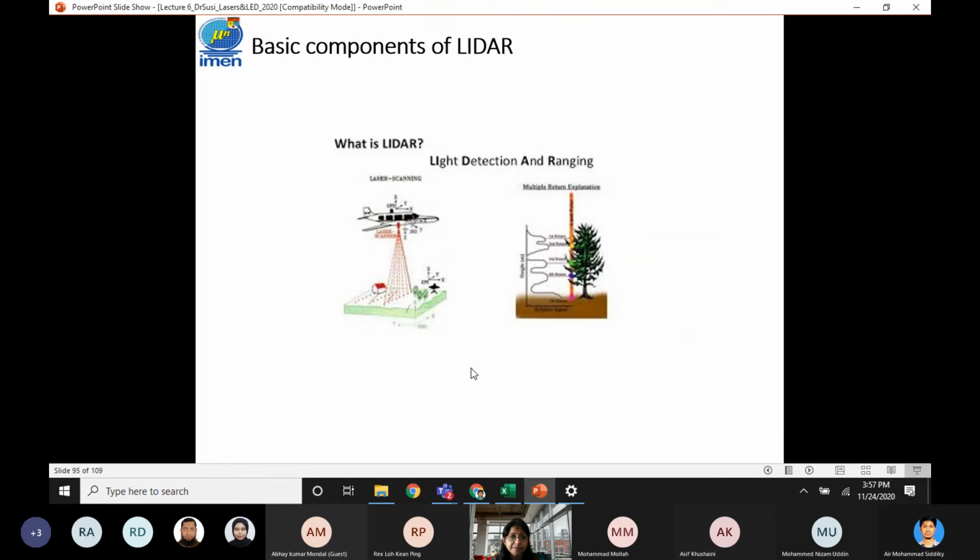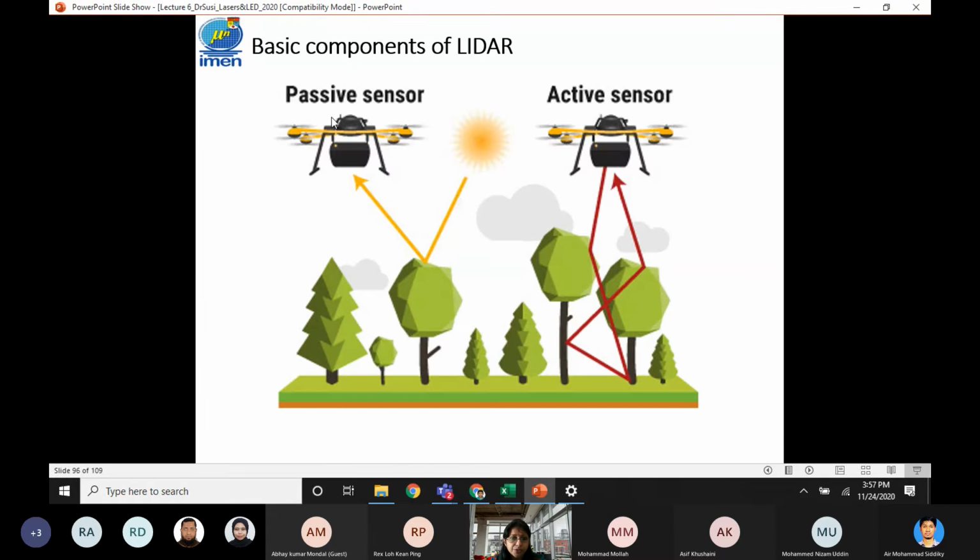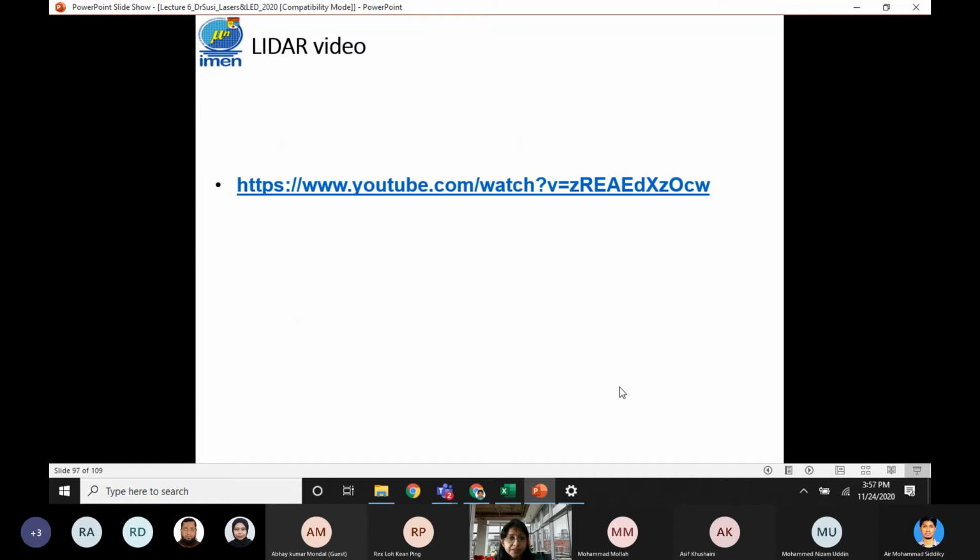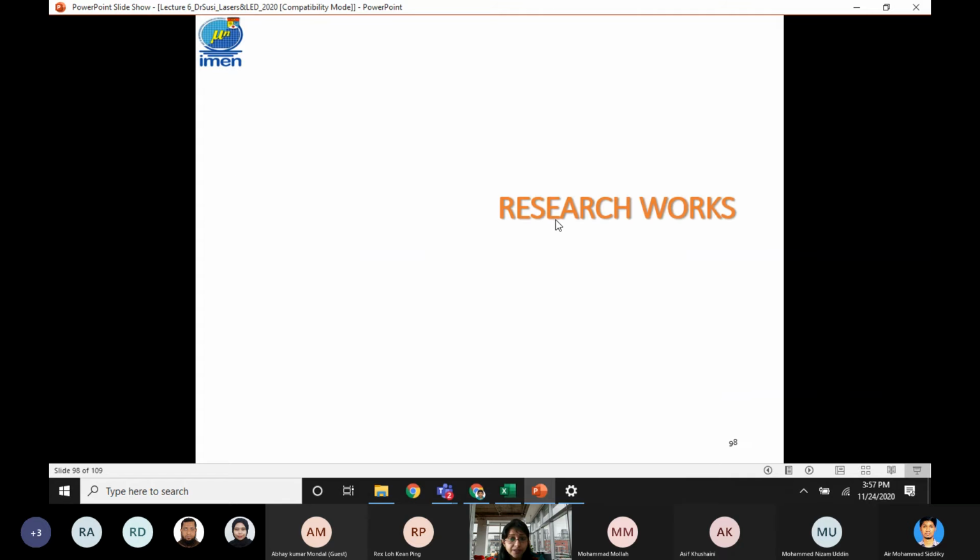Okay, so this just shows more applications of it. You can have a passive sensor just on the surface, or an active sensor which can go down further and give further details, deeper scanning. Alright, you can watch more in this LiDAR video to find out about the applications.